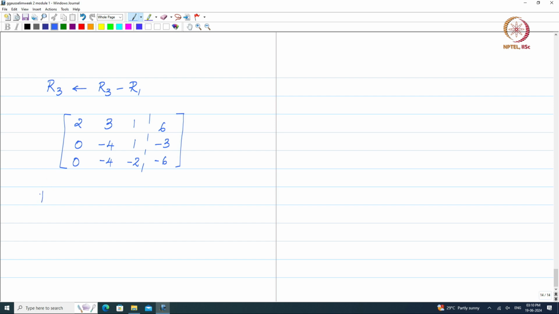Again let us subtract row 2 from row 3, then the matrix is 2 3 1 6, 0 minus 4 1 minus 3, 0 0 minus 3 minus 3.